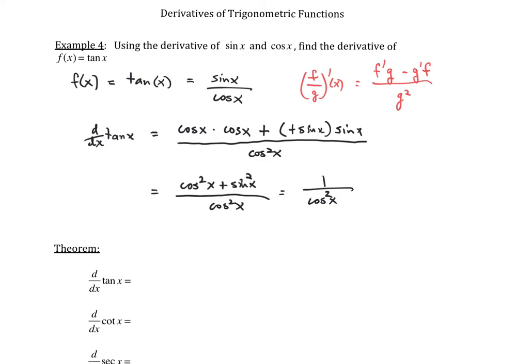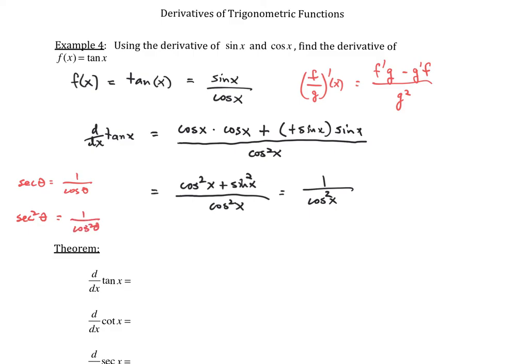Now, we're going to use the reciprocal identity. Remember the reciprocal identity, let me write it off to the side over here. Secant theta is equal to 1 over cosine theta. This means that secant squared theta would be equal to 1 over cosine squared theta.